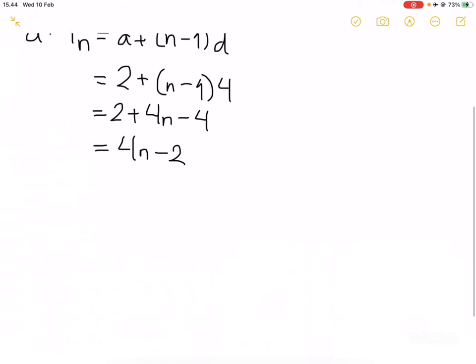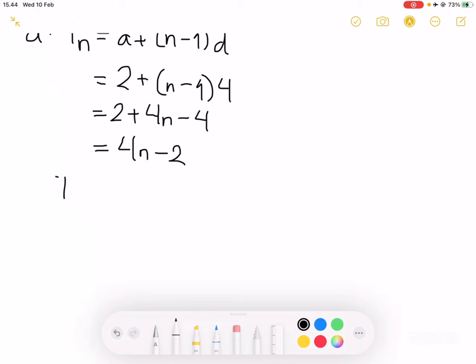And then for the 200th term, you can just substitute n equals 200. So we have 4 times 200 minus 2 is equal to 798.